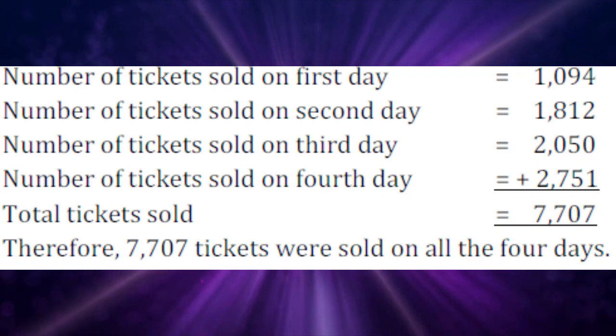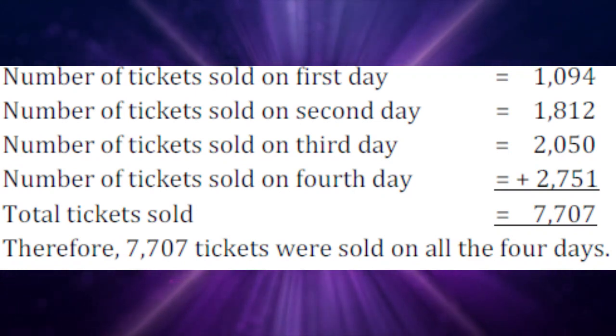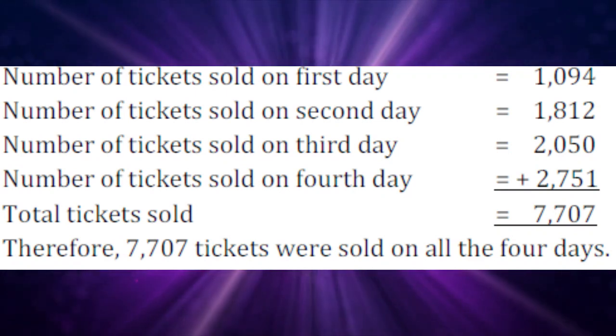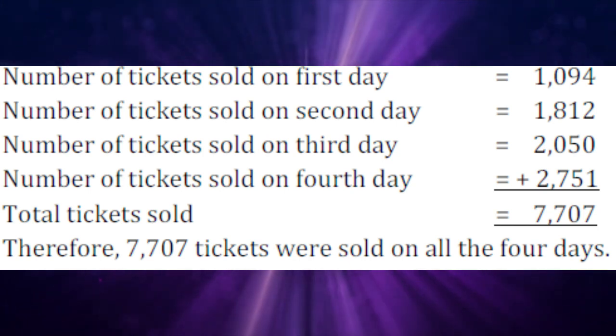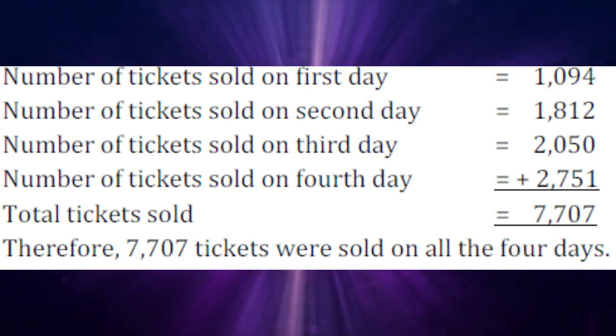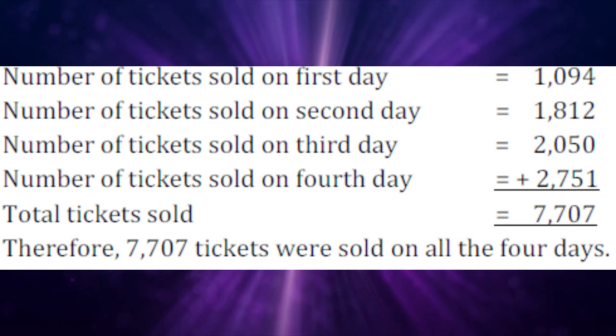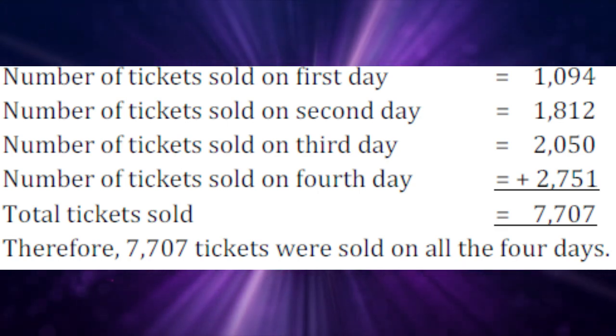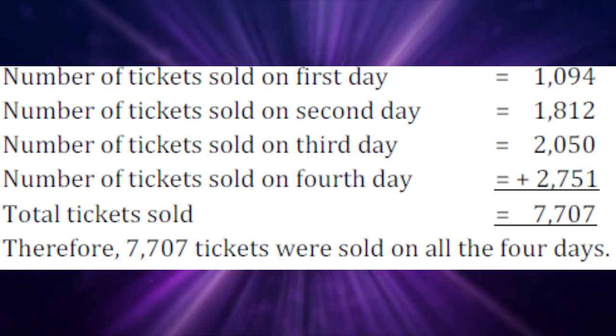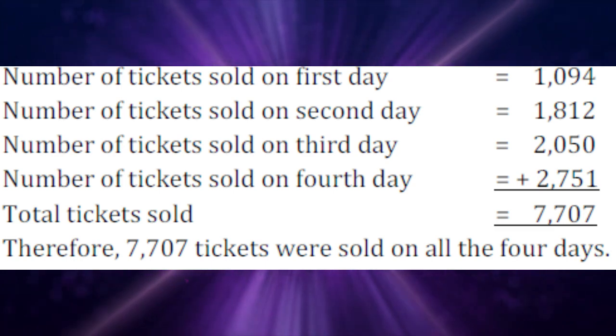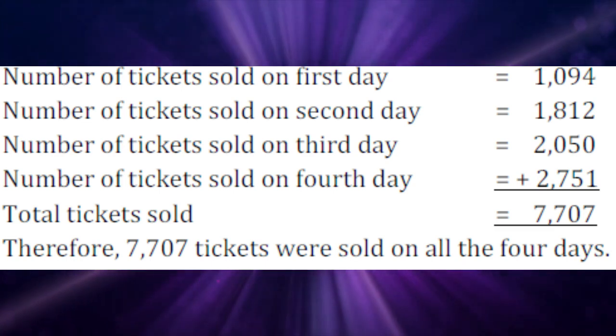Now let us see how to make the sentences, that is, the statements. Number of tickets sold on first day is equal to 1094. Second statement: number of tickets sold on second day is equal to 1812.